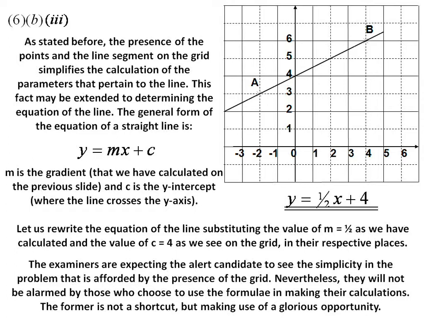So we are making use of a glorious opportunity, that one that is afforded to us by the presence of the line on the grid, by which we can just use a little segment of it in order to determine the gradient, and also make use of the fact that this is the y-intercept.